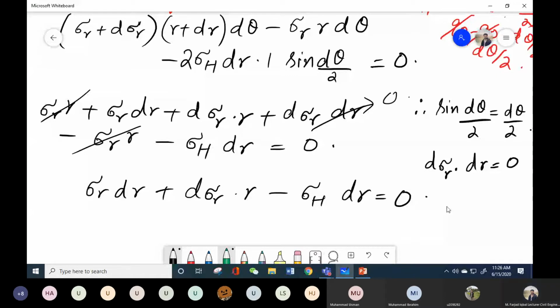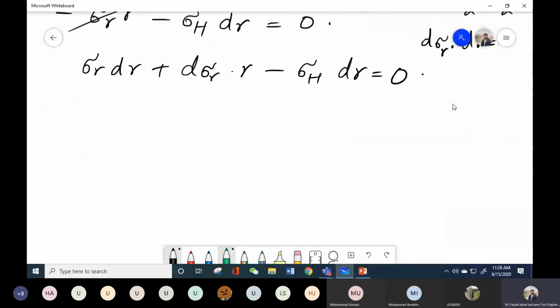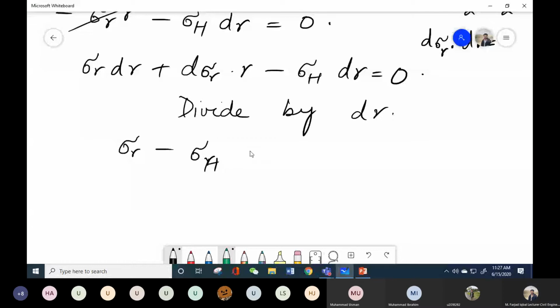If I divide this equation by dr, I will have sigma r minus sigma h plus d sigma r over dr dot r that is equal to 0. And let's call this equation 1.